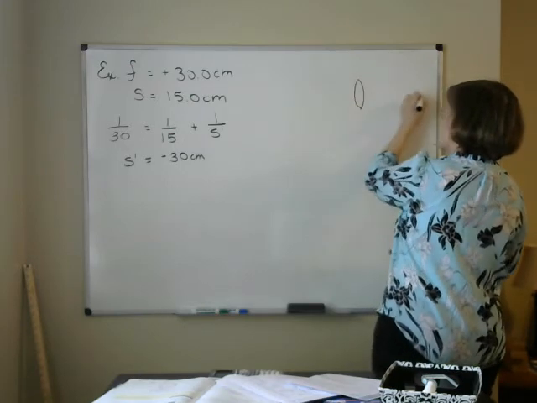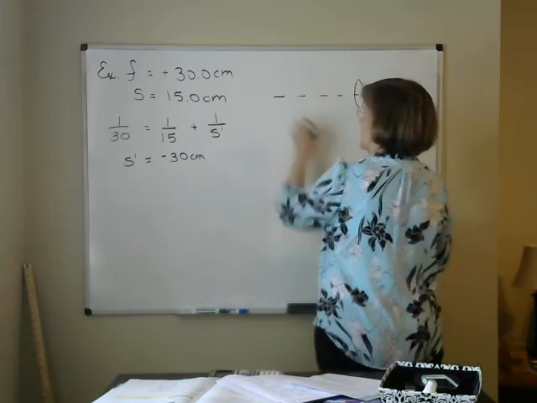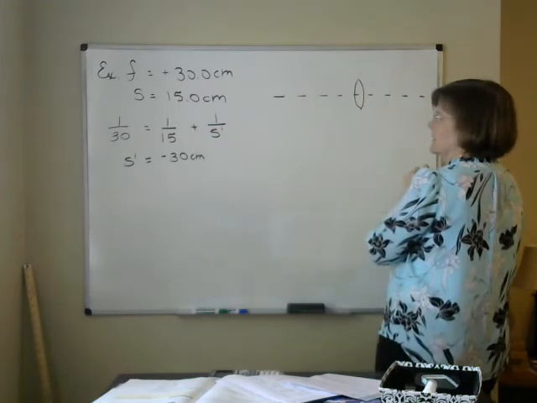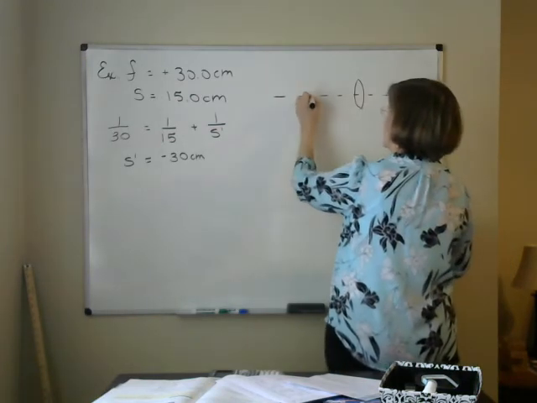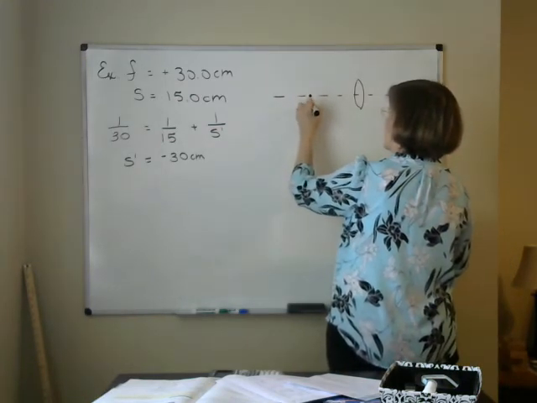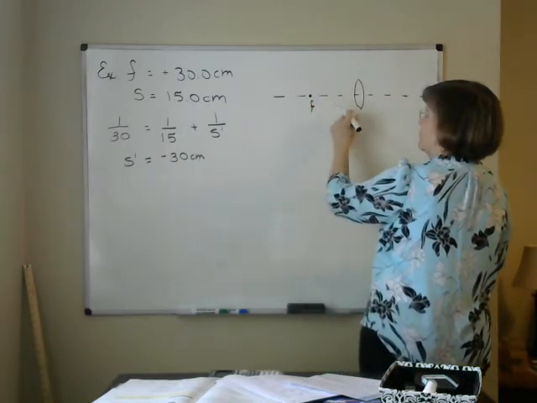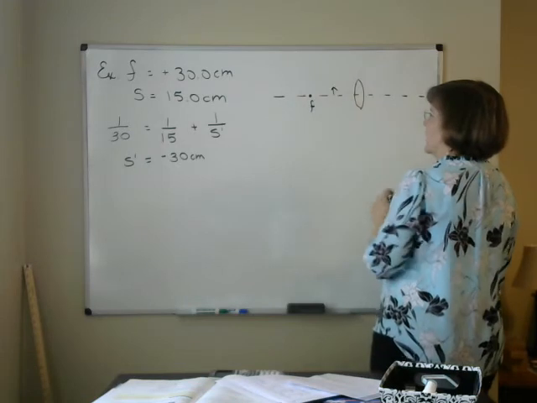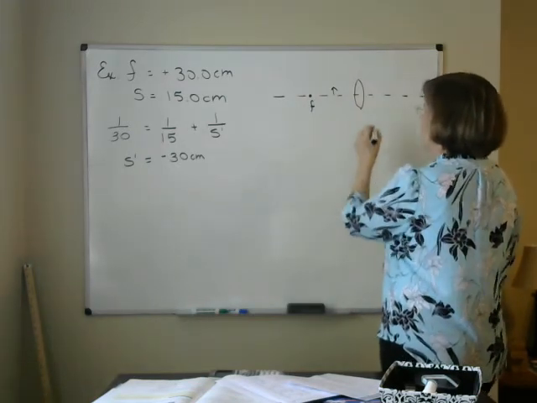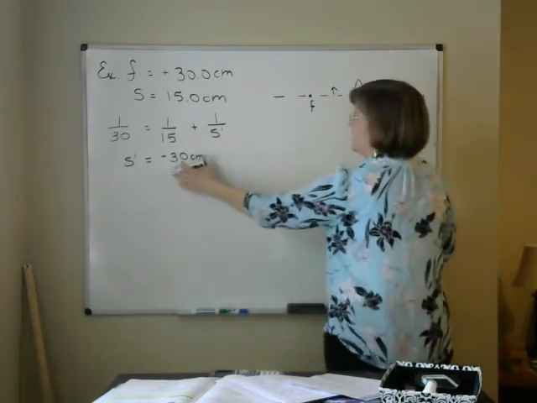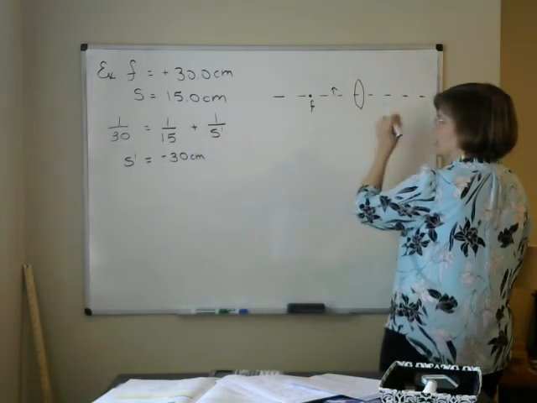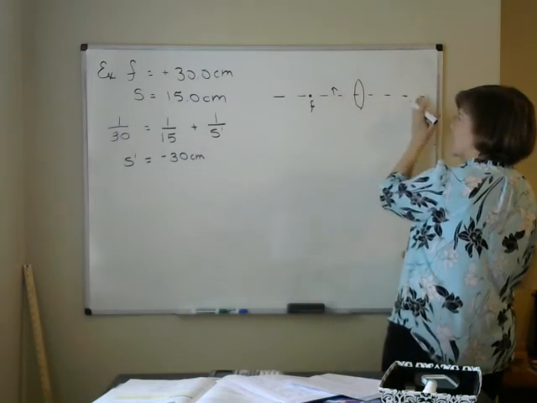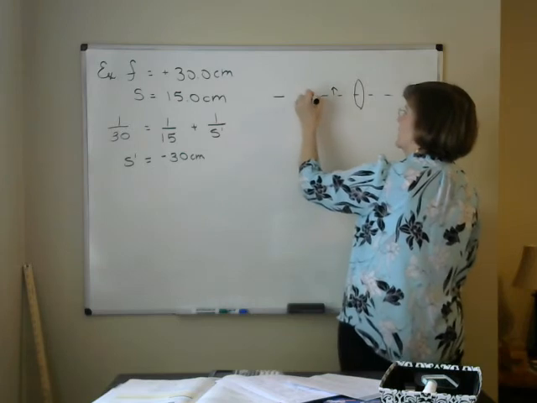Here's this, here's this. The focal length is at 30 centimeters. The object, rather, is right here. Negative is going to be not on the side of outgoing light, but actually over here.